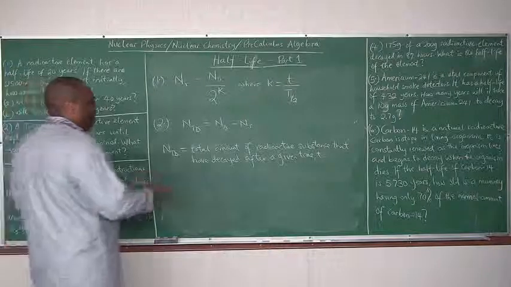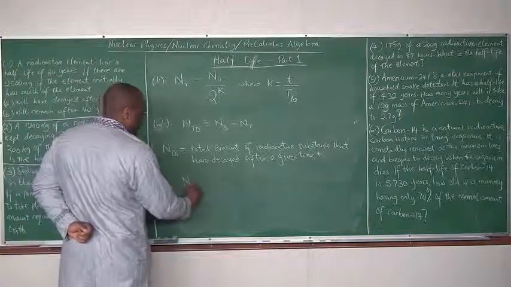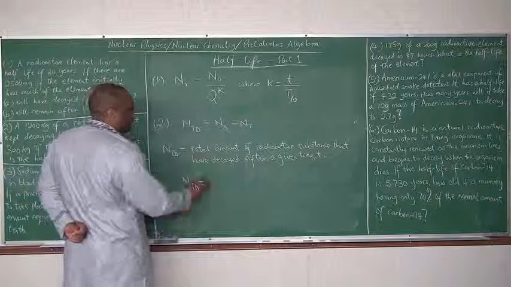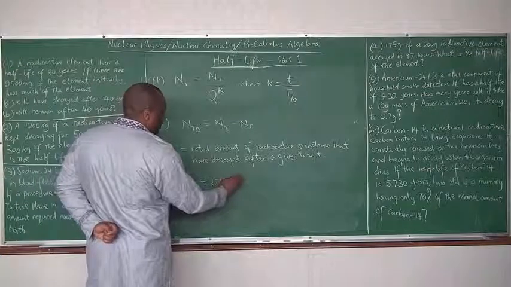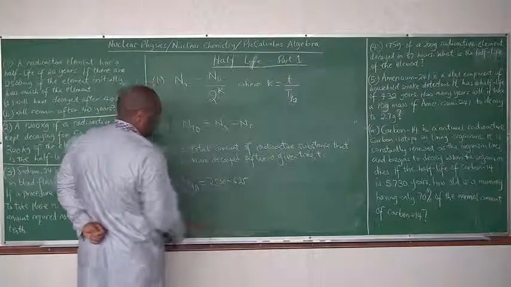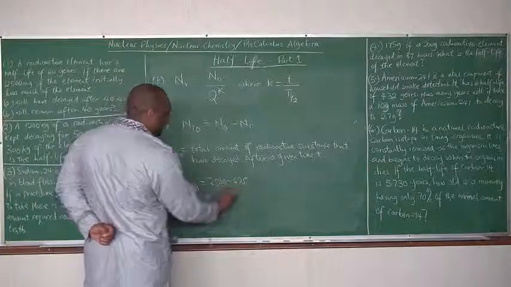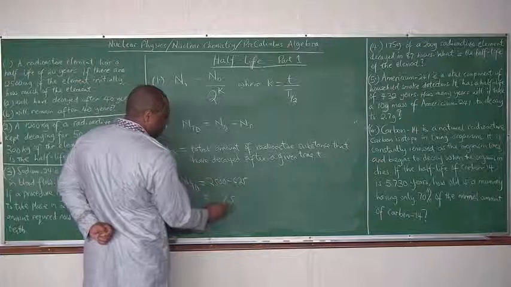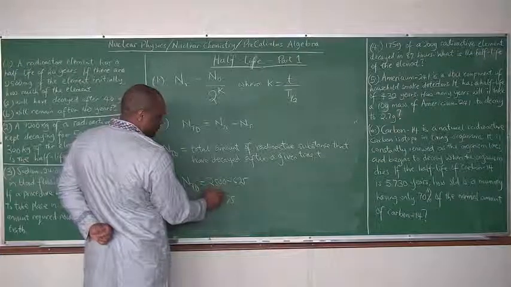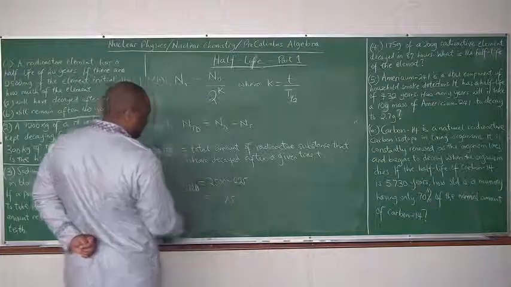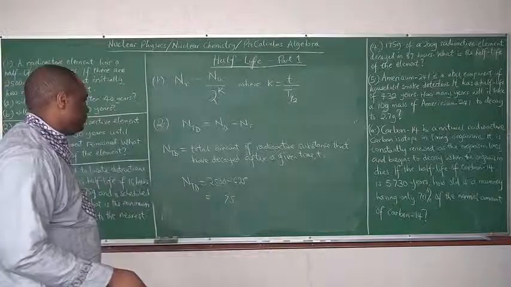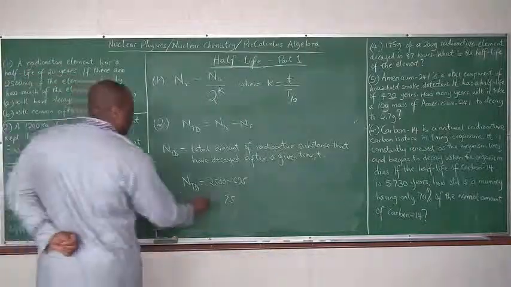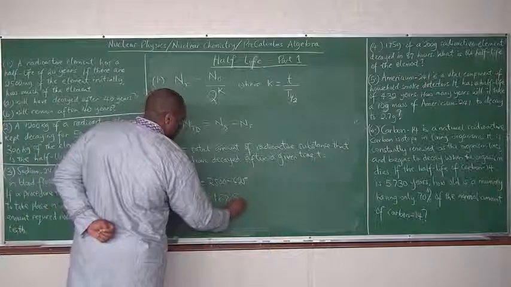What will it be? We now have that total amount here will be 2500 minus 625. And that will give us 1875 milligrams.